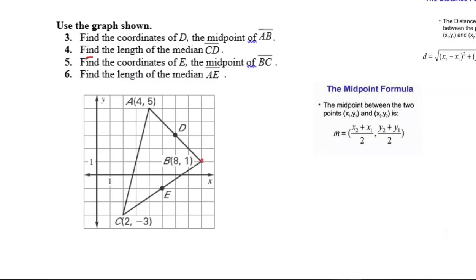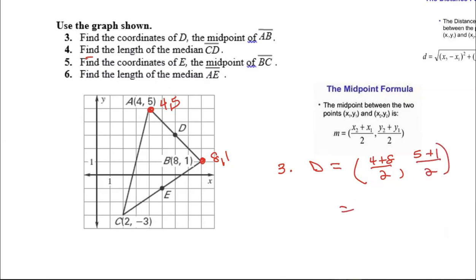Okay, so if this is B and it's 8, 1, and this is A and it's 4, 5, I want to use the midpoint formula. Since D is the midpoint, D is going to equal x2 plus x1, so 4 plus 8 over 2, and then y2 plus y1, 5 plus 1 over 2.